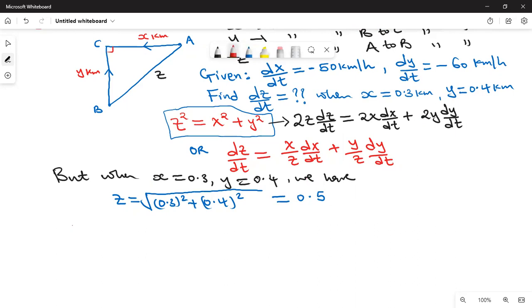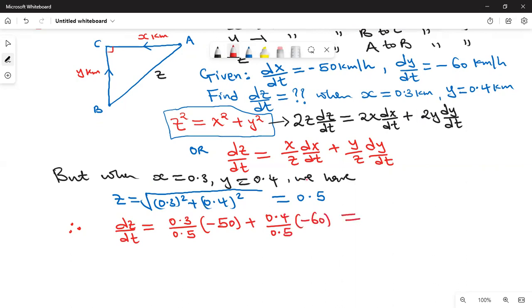So you can now say therefore, dz/dt is the same as x, which is 0.3, over z, which is 0.5. dx/dt was negative 50, plus, now we know y to be 0.4, z is 0.5, dy/dt is negative 60.